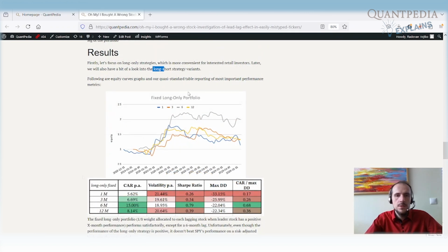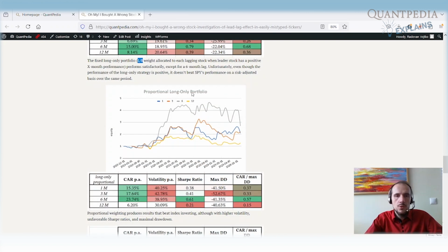Here is firstly the fixed long only portfolio. So here we use a fixed weight. We allocate 12.5% to each stock and we go long the lagging stock, the small cap stock, in case the leading stock like Tesla or Ford or Hewlett-Packard performs well. In case it doesn't perform well, we do not hold any position. What you can see is that there is a significant jump in performance in 2020, but after that, plus or minus, the portfolio is flat.